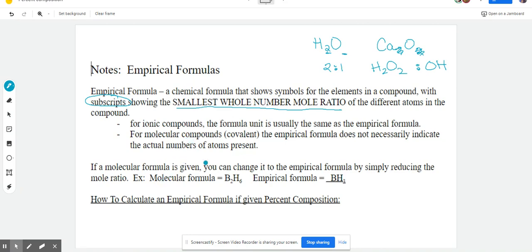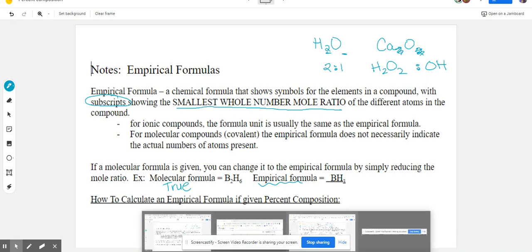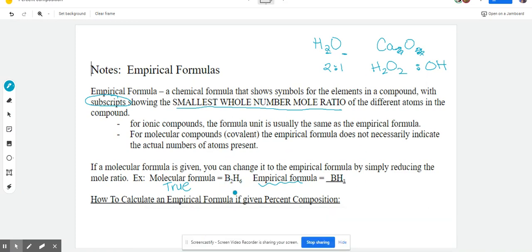So when you're given a molecular formula, that's known as your true formula. But we have this simplified or summarized version of it, which is the empirical formula. The example that you see here, B2H6, can be reduced to an empirical formula of BH3. Now, could the empirical formula and the molecular formula both be BH3? The answer is yes.